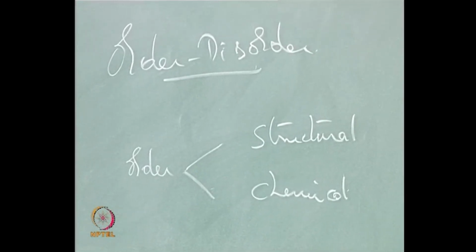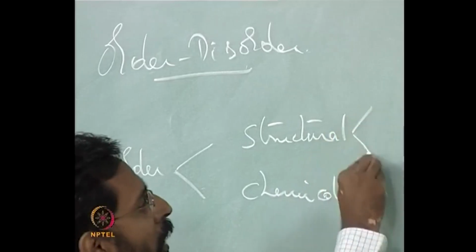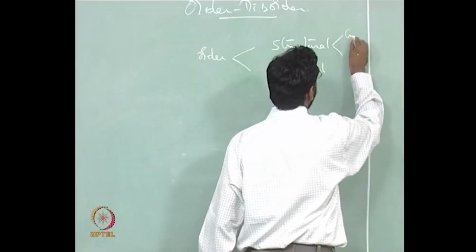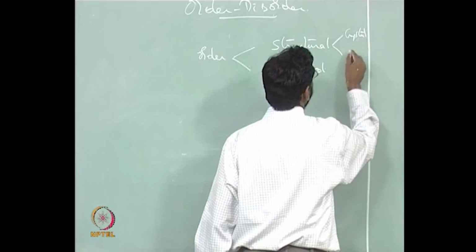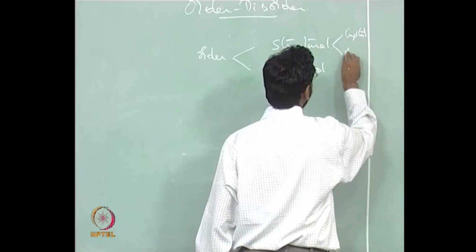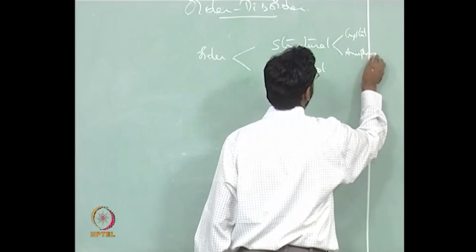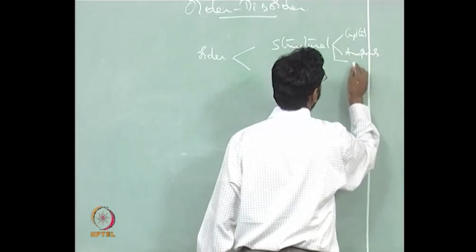When I say structural order, it can be a crystal, it can be a glass or an amorphous, or it can be even a third one which is a quasi crystal.